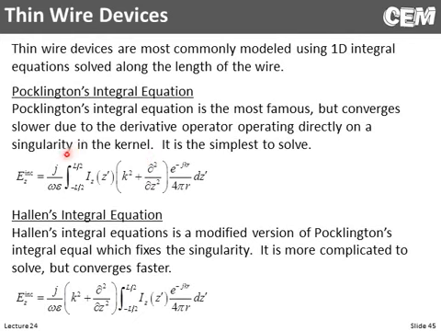So if we move that to the outside of the integral equation, which we're free to do, we're just swapping the order of linear operations, now we have this integral happening on this sharp pulse-like function, which tends to smooth it out. So numerically this behaves a little bit better, although it's a little bit more complicated to implement. But Pocklington's integral equation is sort of method of moments 101 for thin wire antennas, although Hallen's integral equation is a bit better behaved.